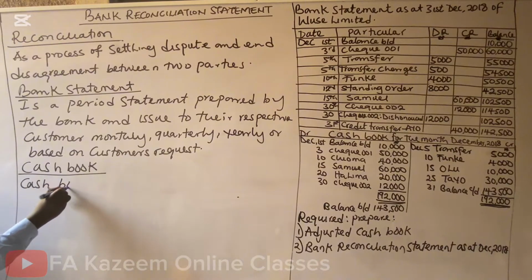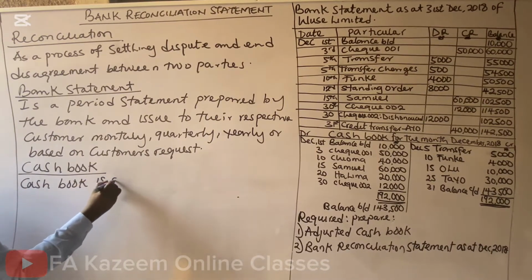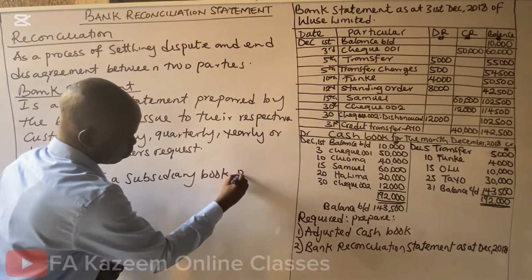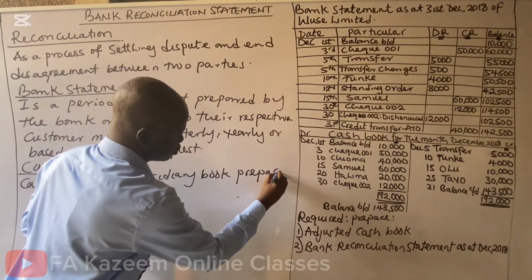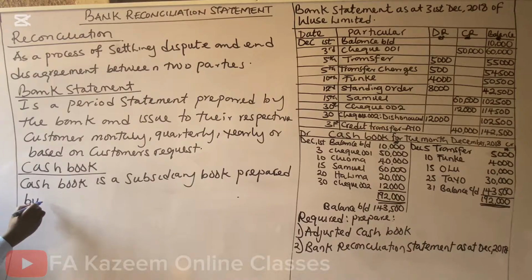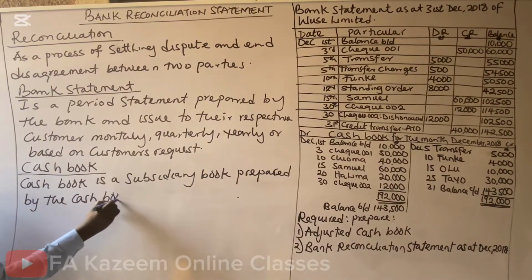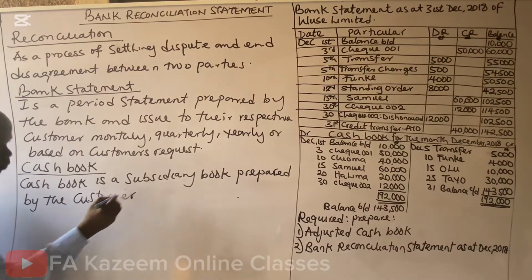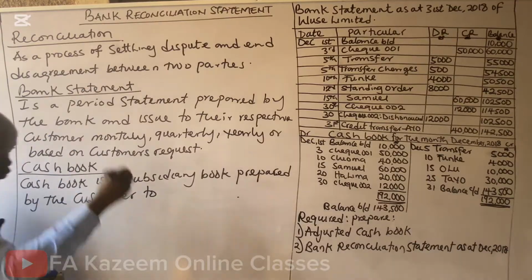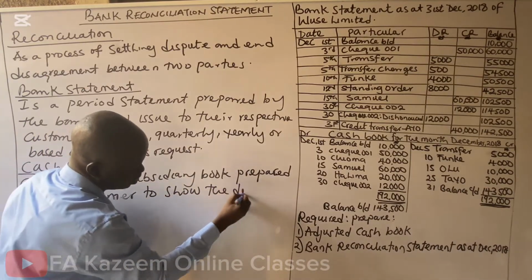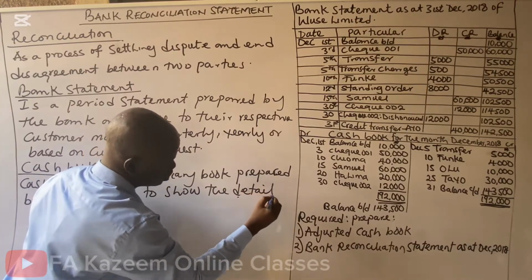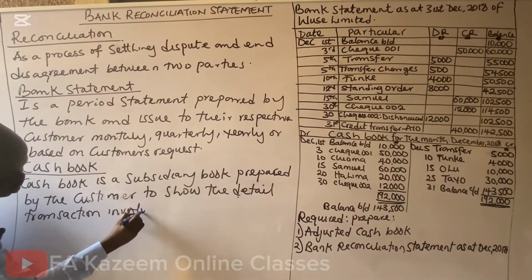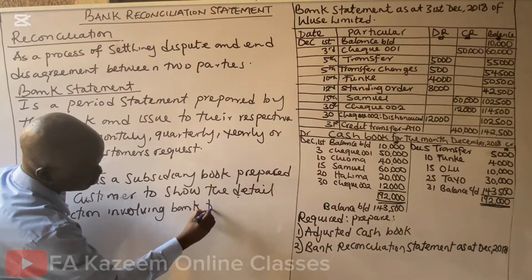Cash book is a subsidiary book prepared by the customer to show the detailed transaction involving bank transaction.